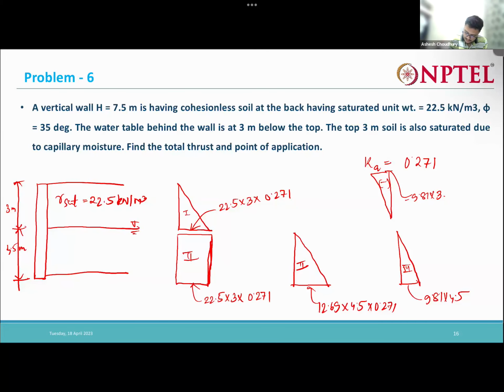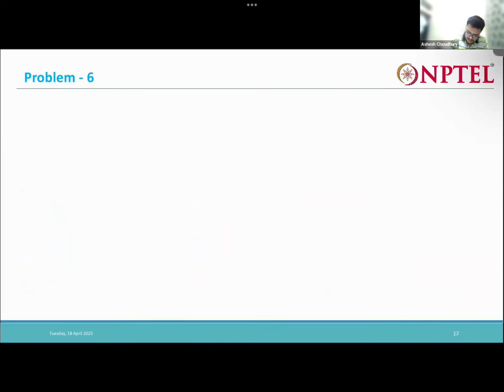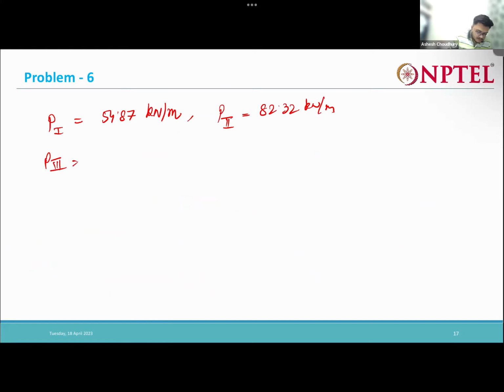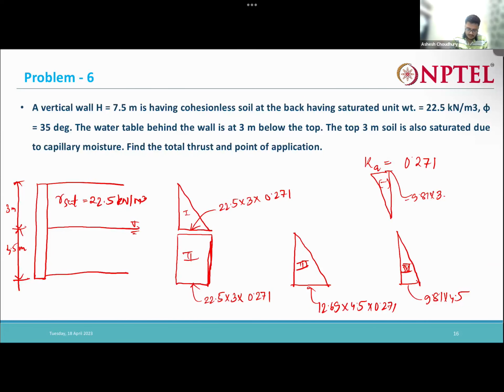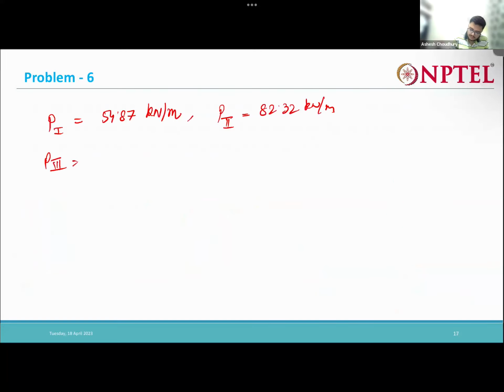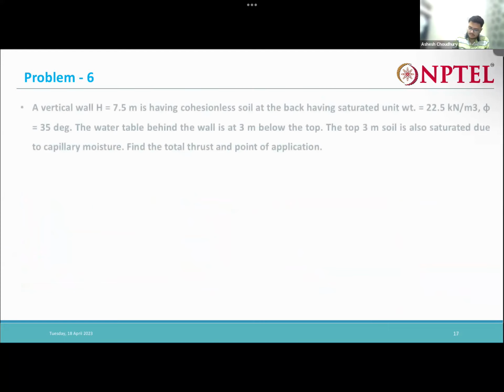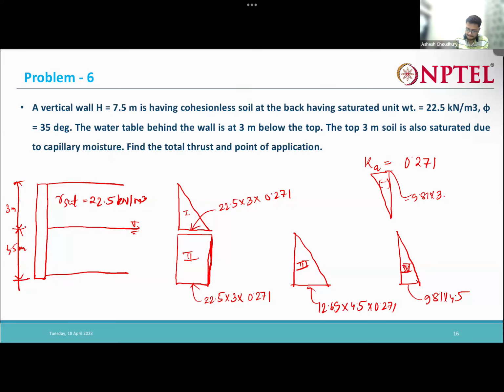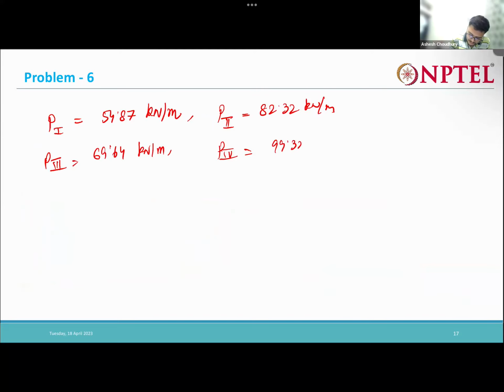P3 will be, okay. So then we will be summing all these up to find out the total.